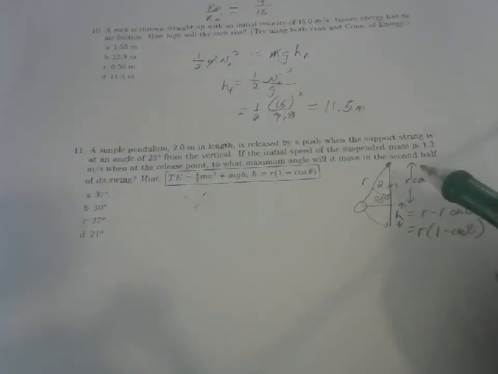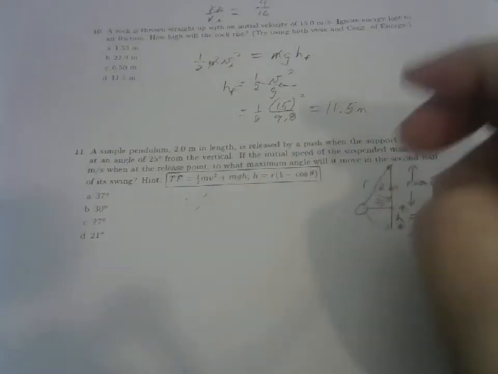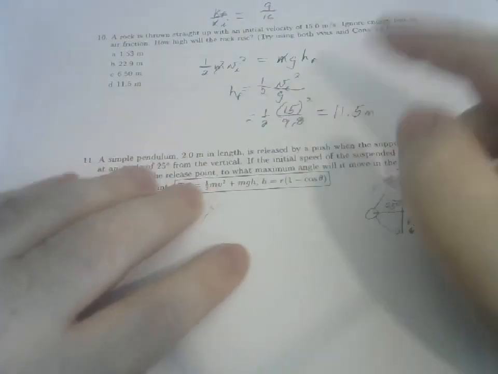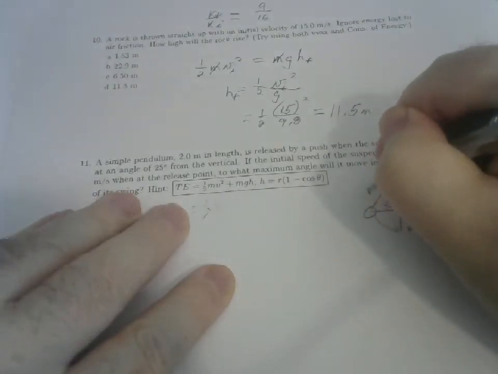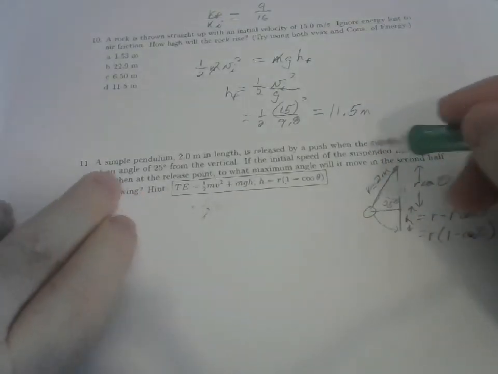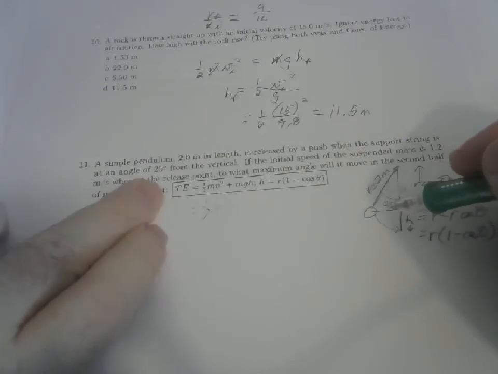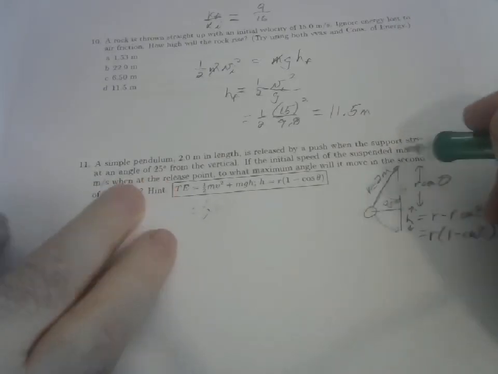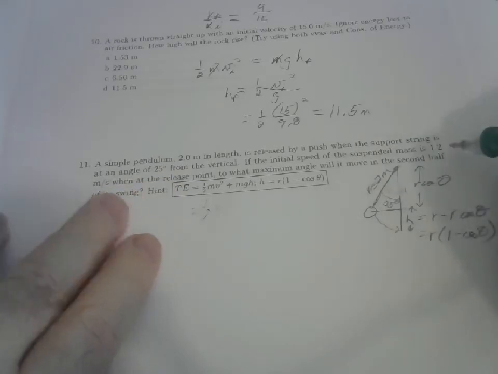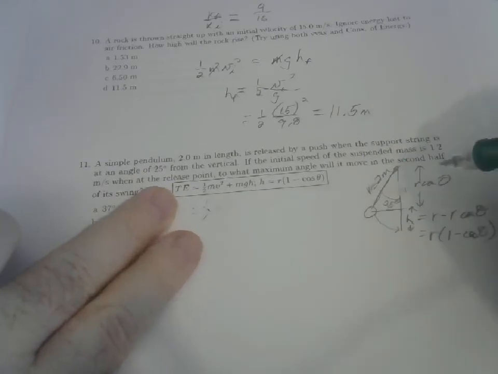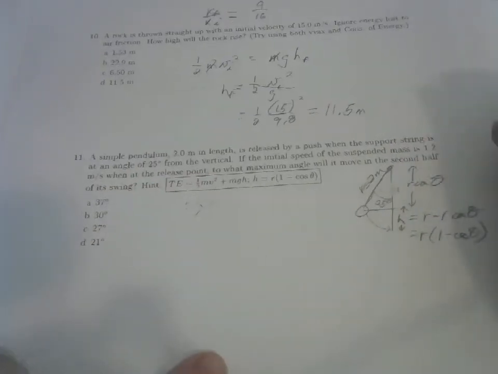Okay, we have a simple pendulum, 2 meters in length. Let's call that R. R equals 2 meters.